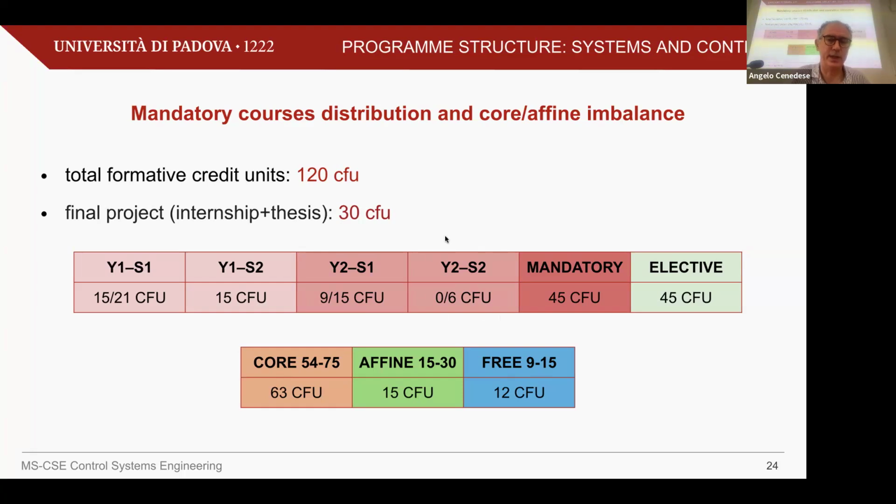Often having the second semester of the second year free is useful if you are taking, for example, Erasmus programs abroad, or if you want to dedicate the full semester to a thesis in a company. Otherwise, you can easily take one course during the second semester of the second year. There is no big issue in doing this.